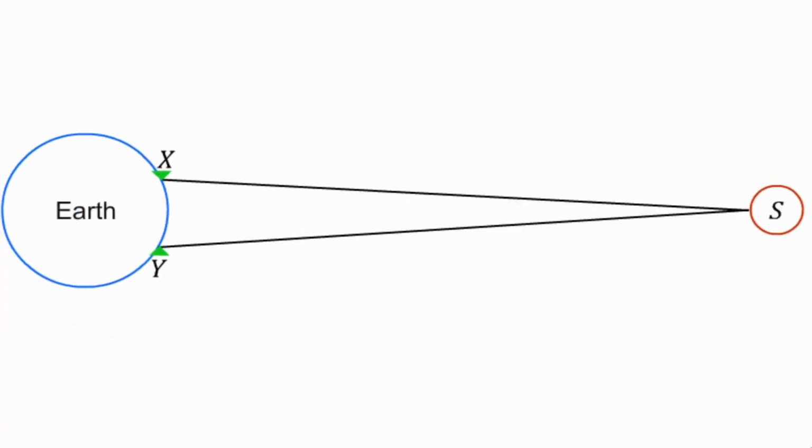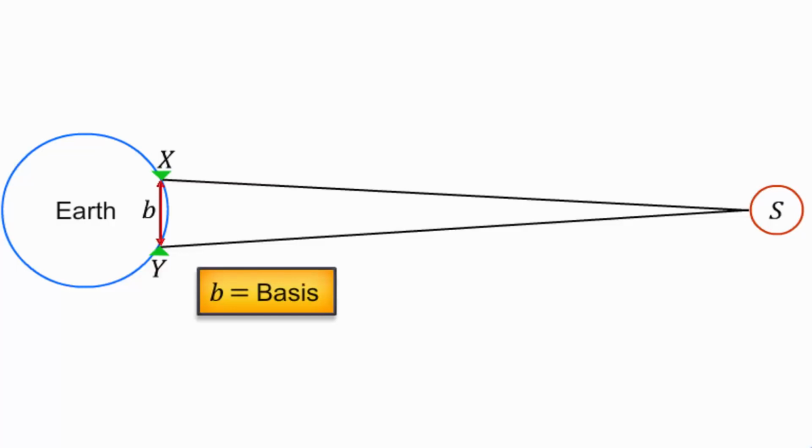Let X and Y be two observatories viewing the planet S from two locations on the Earth. Thus, XS and YS are the lines of sight of the planet from the two observatories respectively. Here, the distance B between X and Y is the basis which is known.